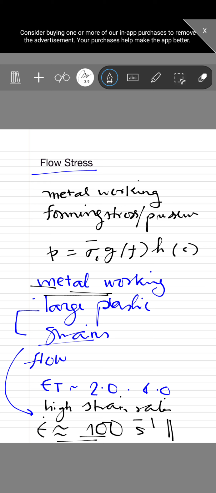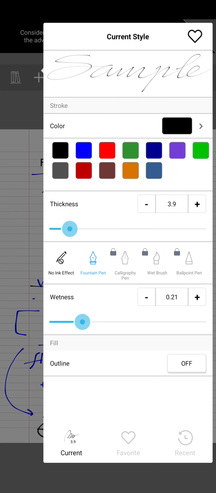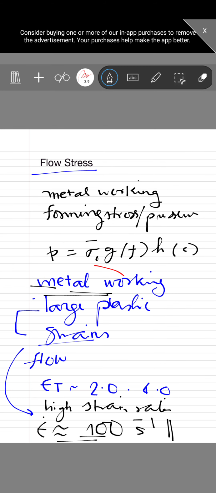Now, as initially shown, this resistance is a function of temperature as well. A lot of metal working processes take place at elevated temperature, because that makes the dislocation movement much easier.